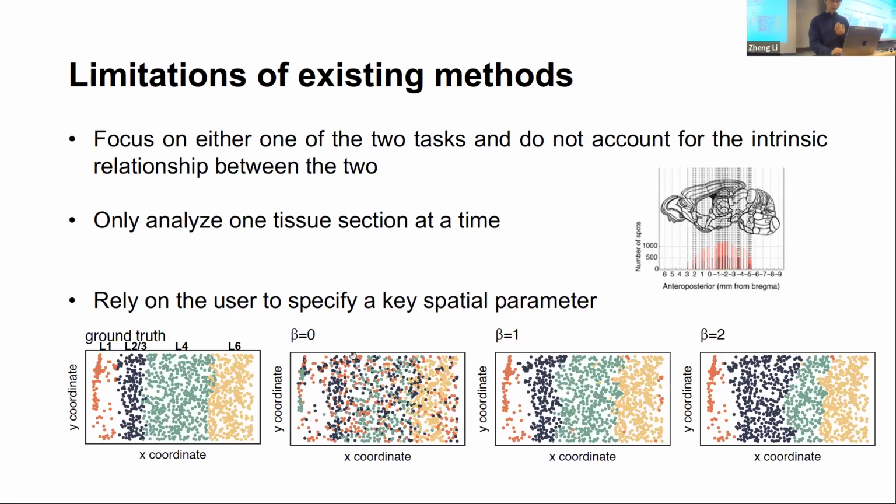But actually, the final results of the spatial domain detection can be very sensitive to the parameter we specified. For example, when the parameter is 0, basically there's no smoothness. You can see the segmented spatial domains are very messy. And if it's too large, you tend to over-smooth certain domains. Only when it's within an optimal range can we have very good segmentation of the spatial domains.